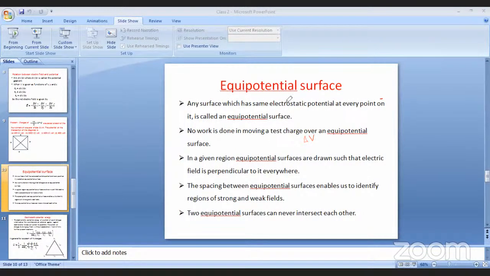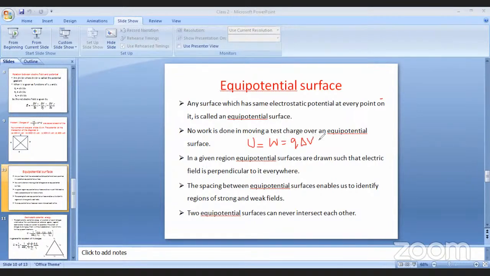Okay, so let me change the pen here. W equal to Q into delta V. This is the equation. So W equal to Q into delta V, and of course W can also be written as U. So U equal to W equal to Q into delta V. That is the work done.